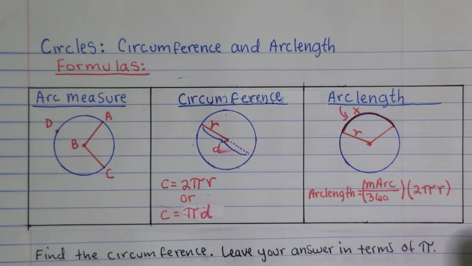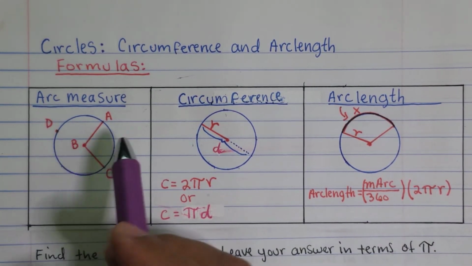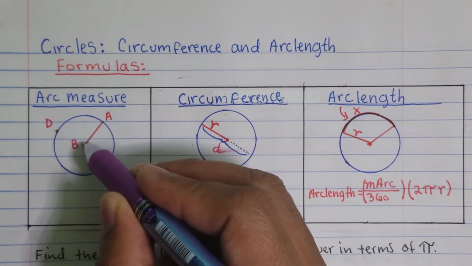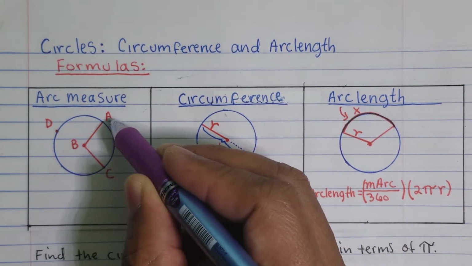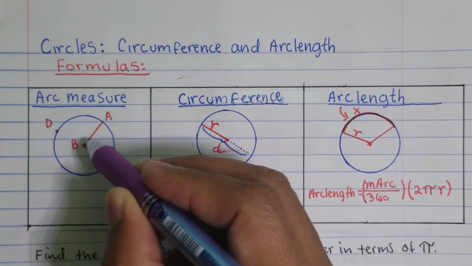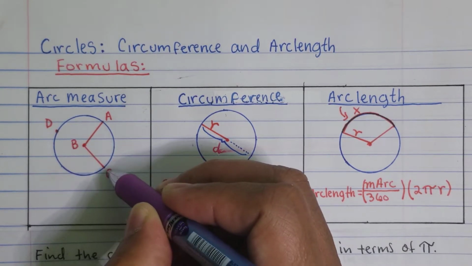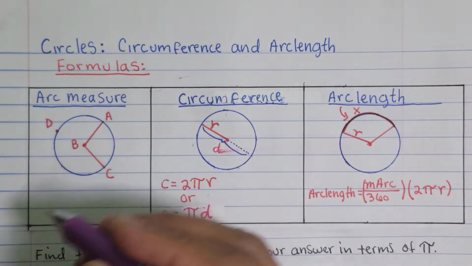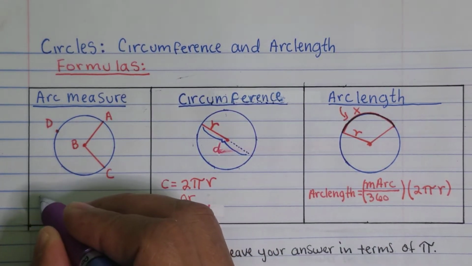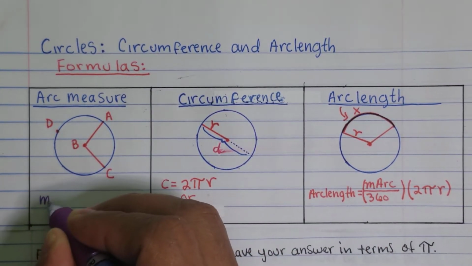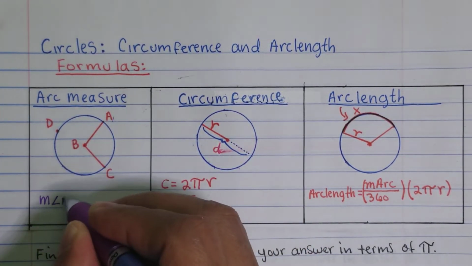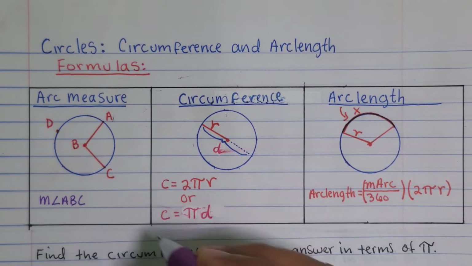Okay, so arc measure, this one here, all you need to know is that you have a central angle, okay? This is a central angle, so that's angle ABC. So if we want to say the measure of angle ABC, okay, that's the angle.